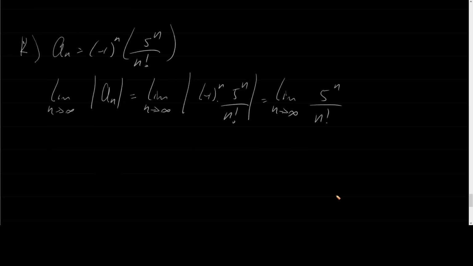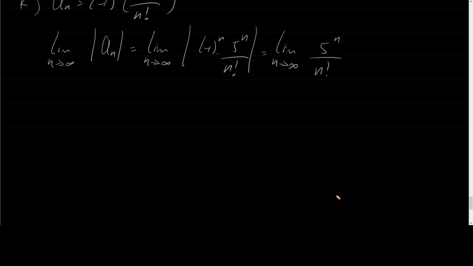Now, what does this go to? All right, let's consider that sequence. So I have 5 to the 1 over 1 factorial, right? That's the first term. 1 factorial is just 1. Then I have 5 squared, so 25 over 2 factorial, which is just 2.